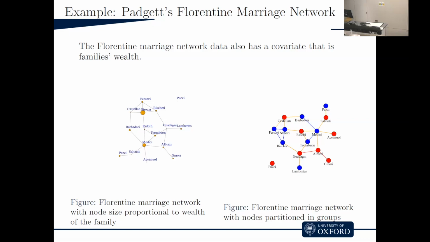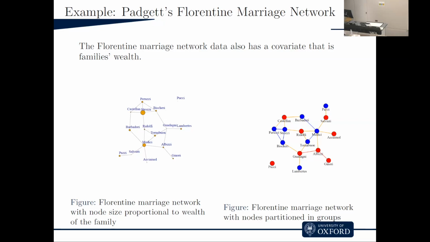So we created two groups according to wealth, taking the median as the dividing point: one group with wealth below the median, and one group with wealth above the median. The size of the vertices in this graph shows the wealth of the families, and this is what we got after we divided the groups. The red ones are one group, the blue ones are the other group.